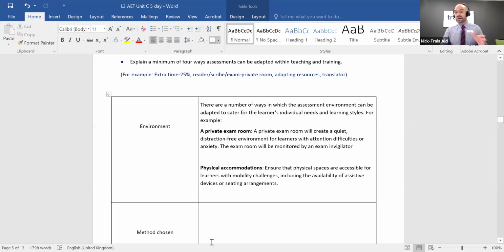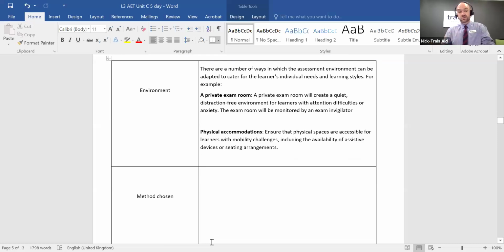So can we change the method from handwritten to typing on a computer, for example? Or it could be the method goes from verbal to a scribe. So you could have a staff member who is handwriting the assessment there.